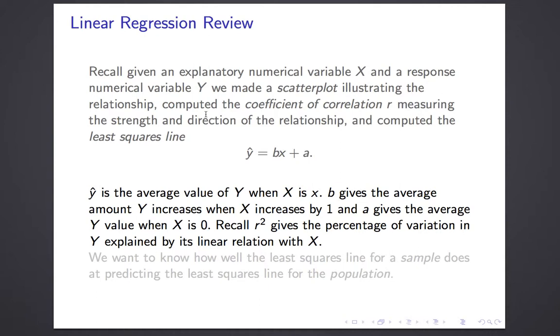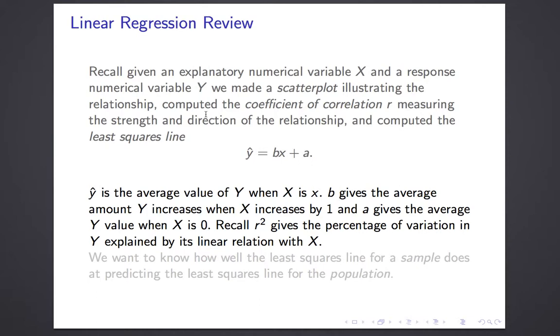B, the slope, tells you the average amount you expect y to increase when x increases by 1, and A, the y-intercept, tells you the average y value when x is 0. Finally, we interpreted r squared as the percentage of variation in y that's explained by its linear relationship with x.